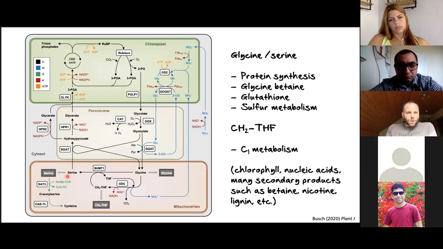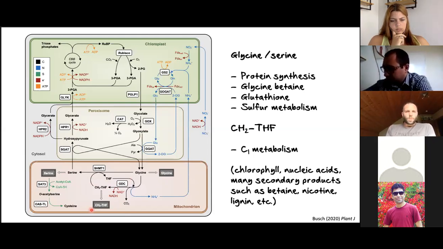But we have also another compound here. So this is methyltetrahydrofolate, which is the source of all one-carbon compounds that are used to methylate any sort of biochemical reaction.